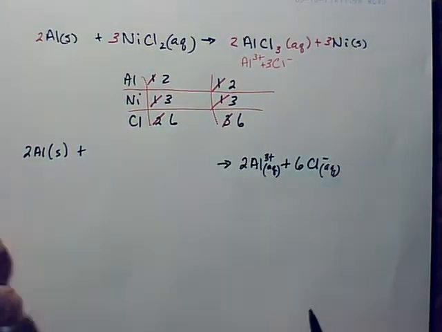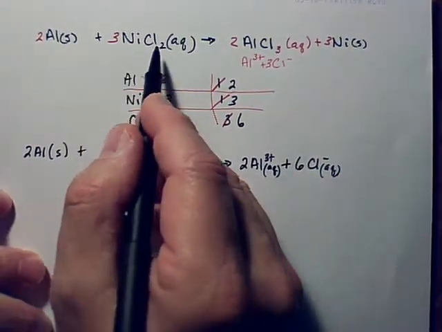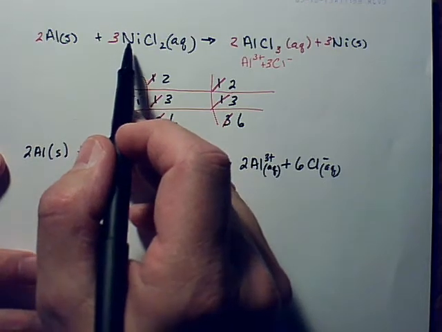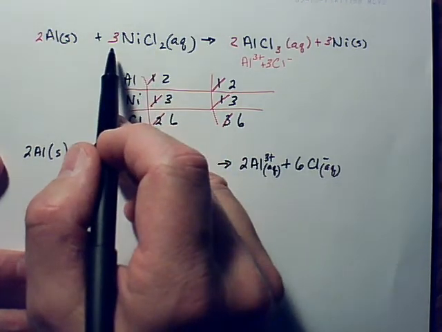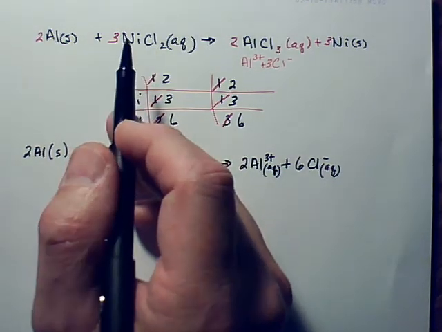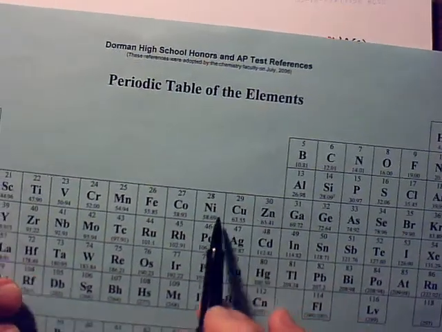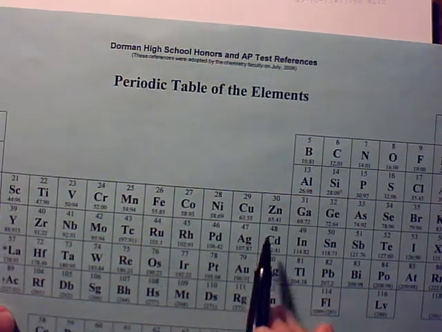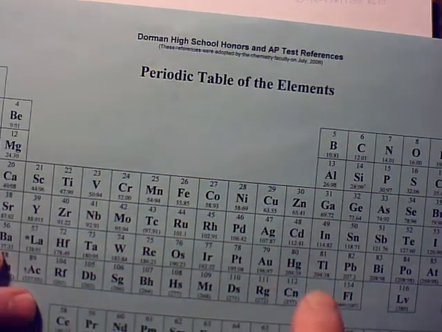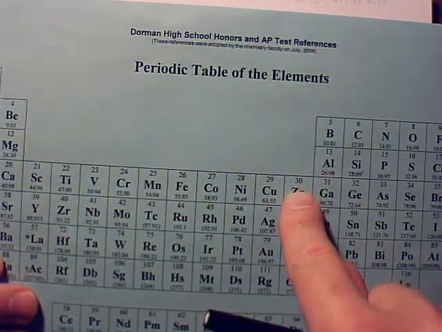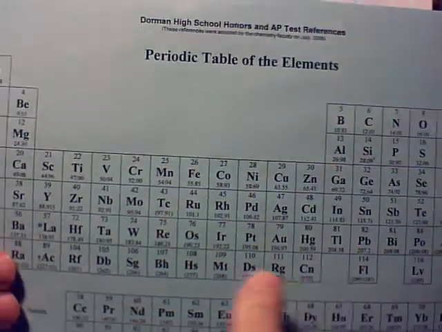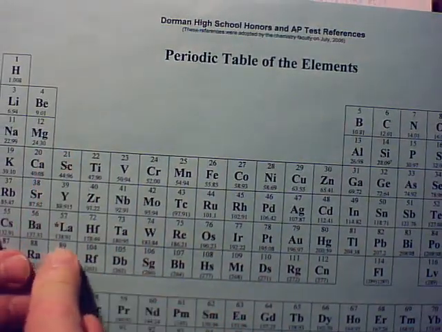All right. Now let's go back and we'll do this one. So we have nickel, which has a 2 plus charge. When we're talking about the elements that are here in the transition metals, these are almost always going to be 2 plus. These are almost always going to be 3 plus.